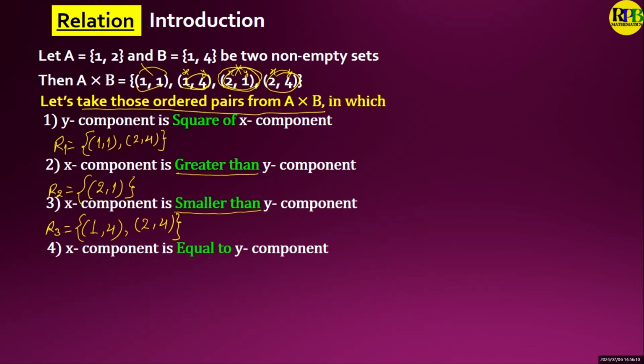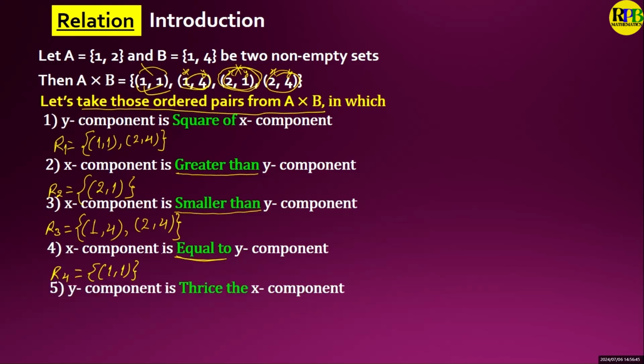We'll take only the ordered pair 1, 1, where X component and Y component are equal. The relation is equal to, and this is relation number 4, the fourth relation.